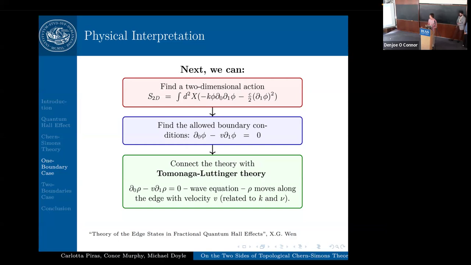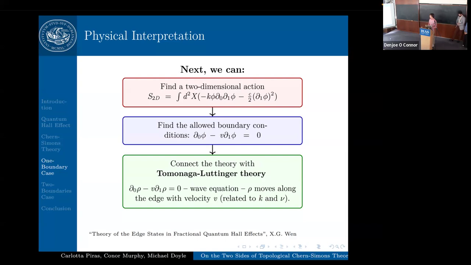And when we look at the equations of motion coming from this 2D action, we can see what constraints lead us to match the equations of motion and this boundary condition. And through that, we can connect it with Tomonaga-Luttinger theory, where we can identify this scalar field phi with a density.